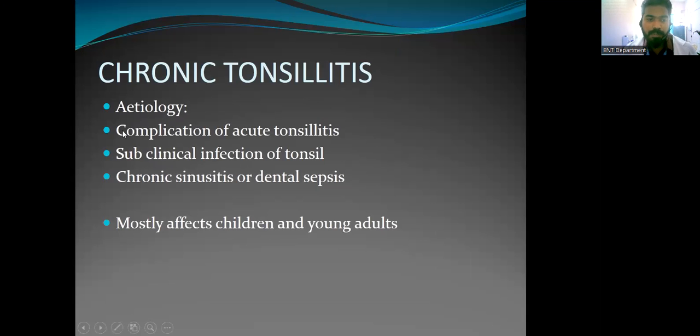The etiology includes that it's a complication of acute tonsillitis and subclinical infection of the tonsil, and chronic sinusitis or dental sepsis can lead to chronic tonsillitis. It mostly affects children and young adults. Sinusitis, because there is continuous postnasal drip, so the infection drips down to the oropharynx, which can lead to chronic tonsillitis.